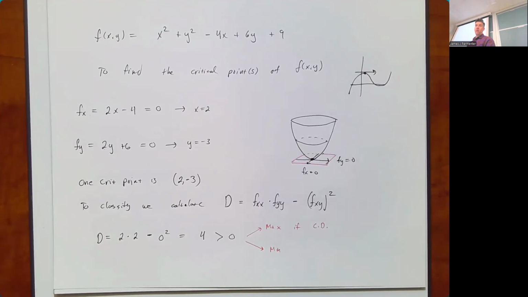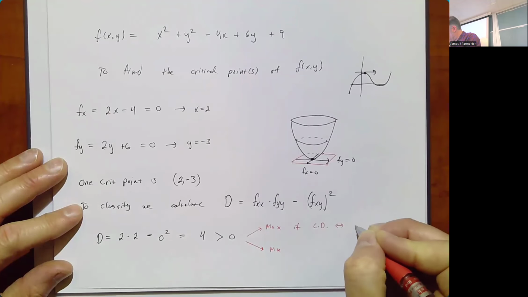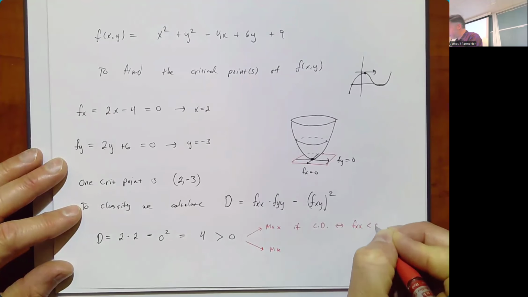And I really encourage you to think of it that way, because I remember that a function is concave down when its second derivative is negative.